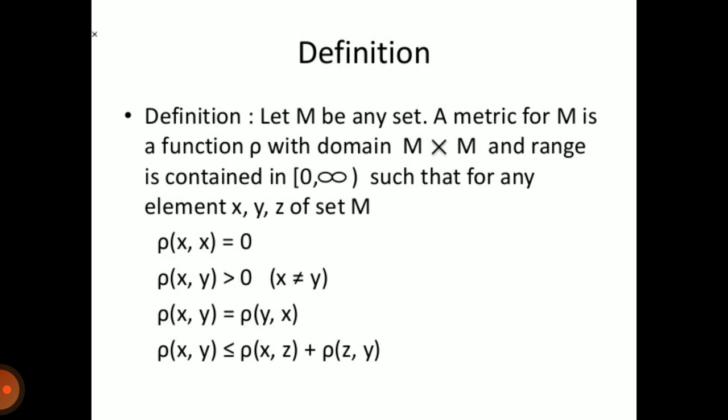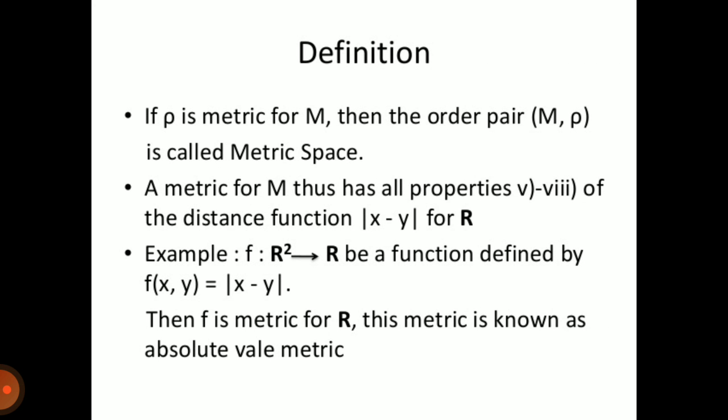Third, rho of (x, y) is equal to rho of (y, x), that is the symmetricity. And next, the distance between x and y is less than or equal to the distance between x and z plus the distance between z and y. Then we can say rho is a metric for M, and the ordered pair (M, rho) is called a metric space whenever it follows these properties.